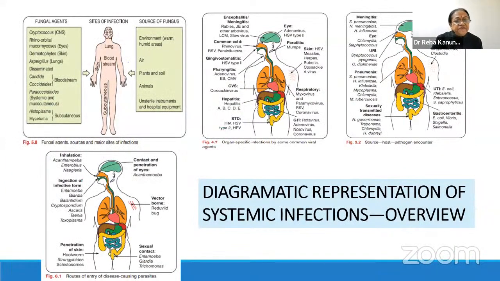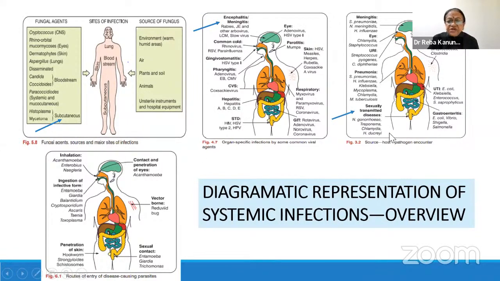Then the next thing that we have done is the diagrammatic representation of systemic infections in the overview chapter itself, so that when they are doing the overview, they are also imbibing the concept of what infections these organisms can be associated with. For example, for fungal infections, what are the fungi which cause subcutaneous infections, in the overview chapter itself.